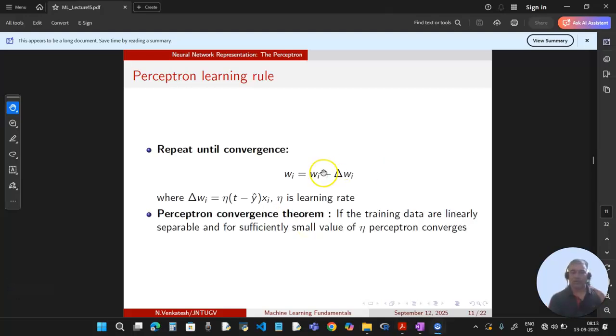This process of adjusting weights is repeated until you get W values which classify all the data points correctly. As we have the perceptron convergence theorem, which says that if the training data are linearly separable and you have sufficiently small values of eta, the perceptron is going to converge.